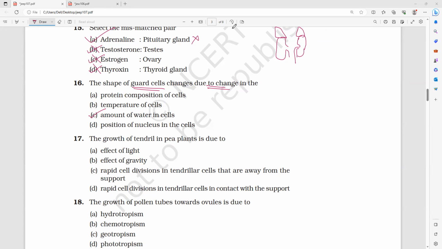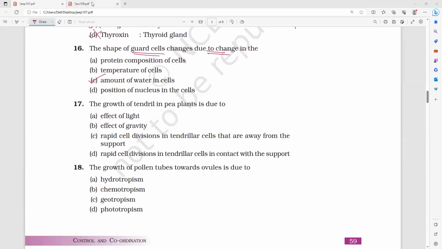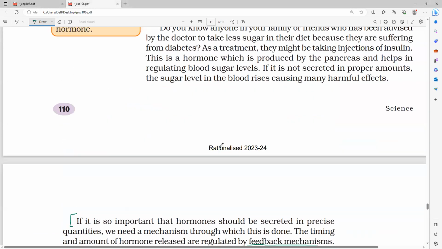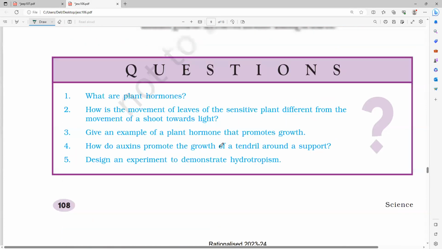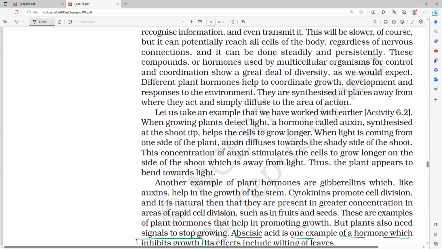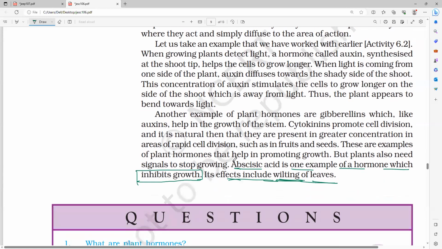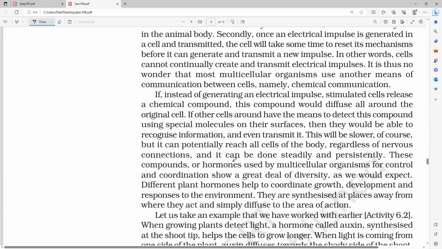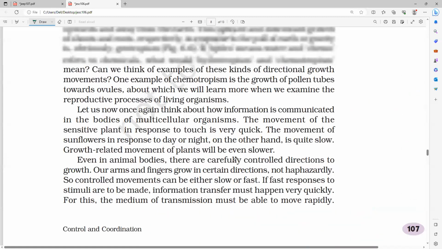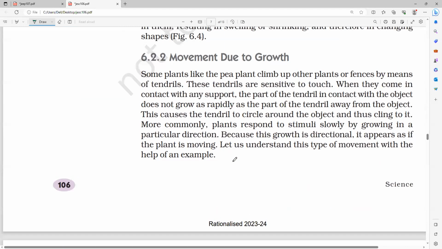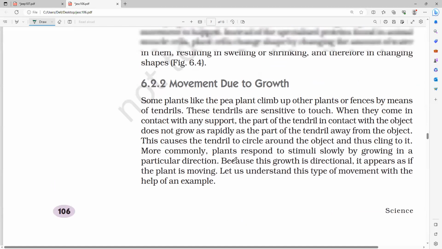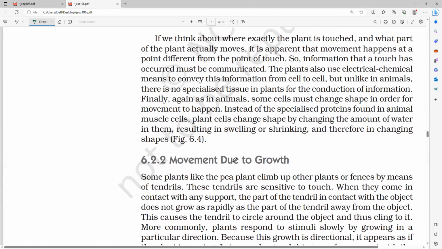Stomata and guard cells are studied in the first chapter only, correct? Which paragraph? Page number 106. Those who read the book properly can find it very easily. Directly they are writing. Last 3 lines.